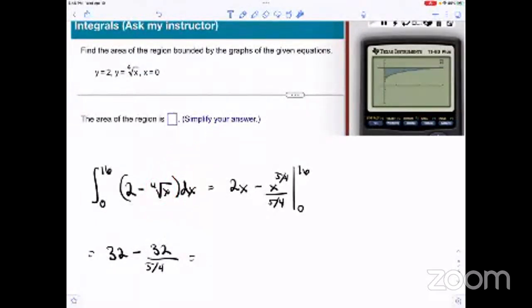Okay. Let me see if I can get this number. So the common denominator looks like it's 5. Let me see. So 5, that's 150. So I think that's 160. Minus 4 times 3 is 120. 128.